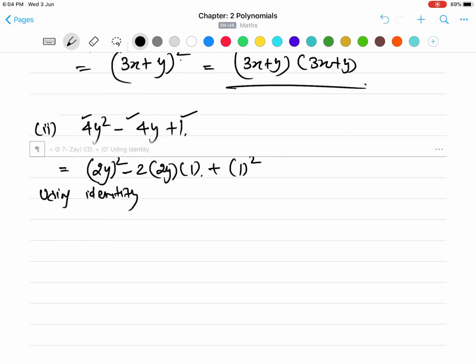Using identity, which identity will we use here? We will use x minus y whole square, which is given by x square minus 2xy plus y square.